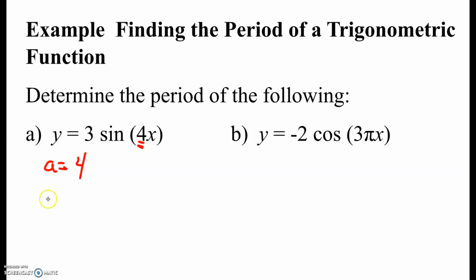And our period, I'm just going to call it p, is going to be 2 pi divided by 4. And then reduce. So there's a factor of 2 that cancels.